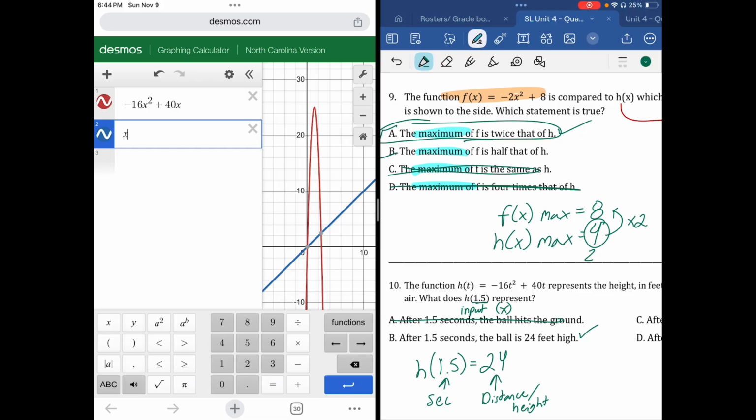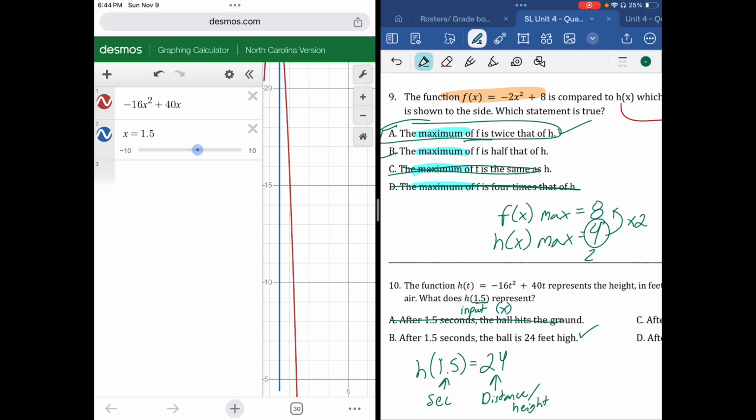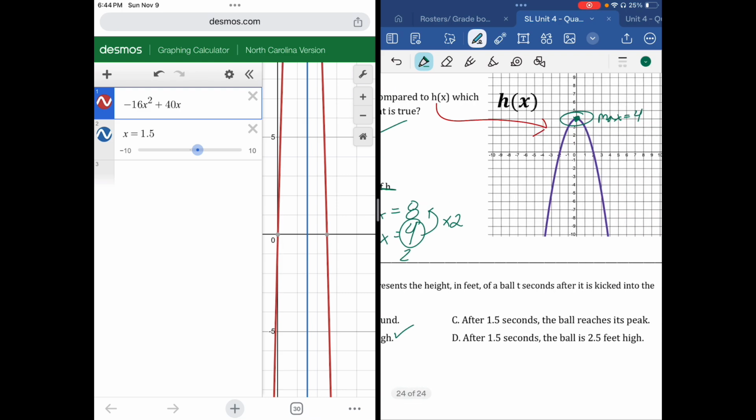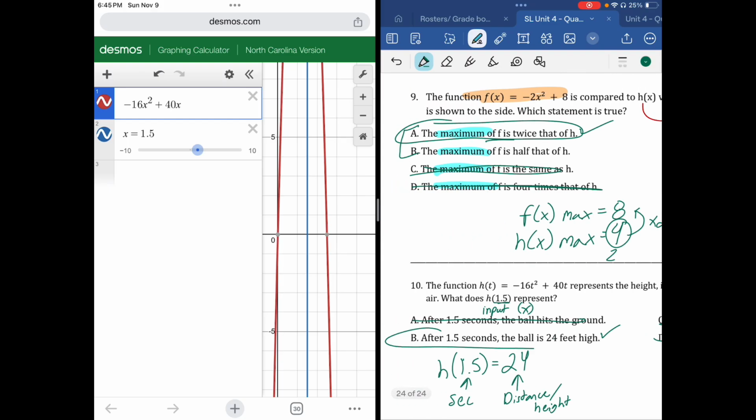If I put in x equals 1.5, we see this blue line. It's a little bit past the peak. And if we come down here to the x-intercept, it has not crossed the x-intercept yet. So that means it can't hit the ground. That means it's past its peak. And it says nothing about the ball being 2.5 feet in the air. So it has to be answer B.